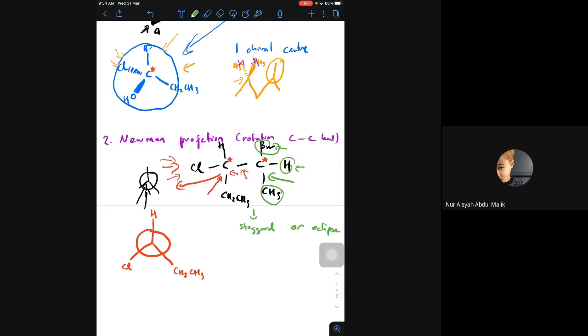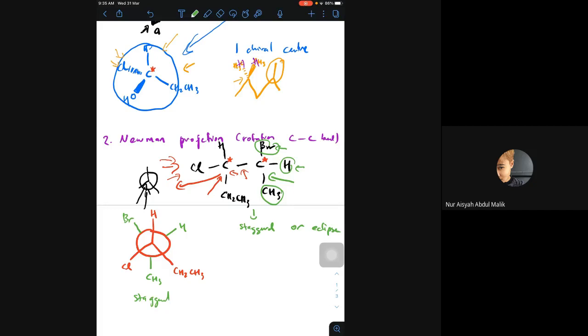If it is staggered, then it will be the opposite, so you draw the back atoms this way, not overlapping. So you have CH3 over here, and you can have hydrogen and bromine. This would be the staggered conformation.